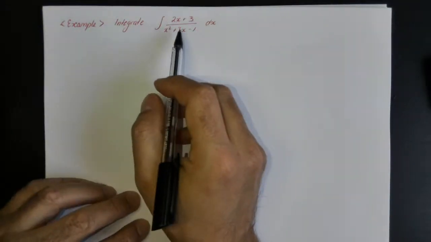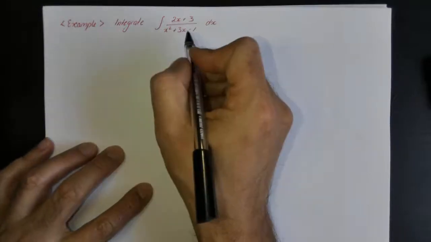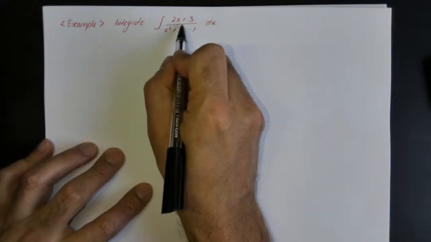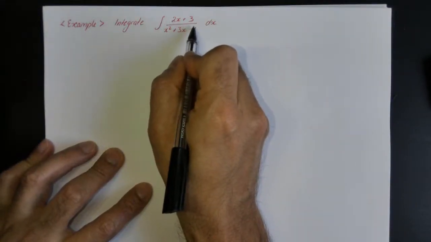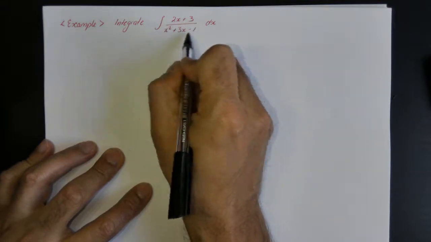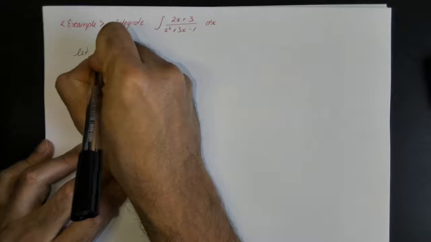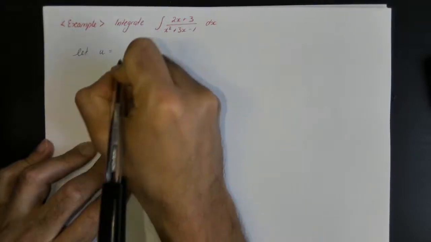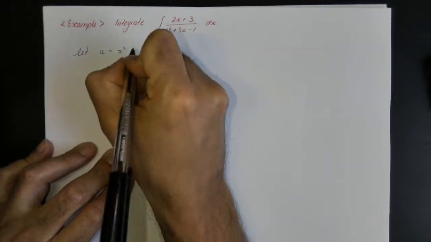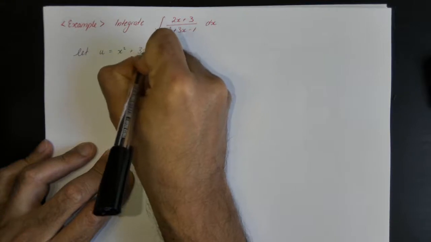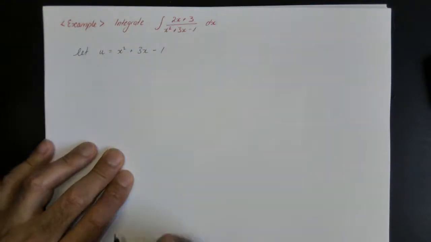Let's do some more examples. Alright. Here we want to integrate this fraction. So usually in this case, the general rule of thumb is whatever's the denominator, we're going to use the denominator as our substitution. So let u be x squared plus 3x minus 1.